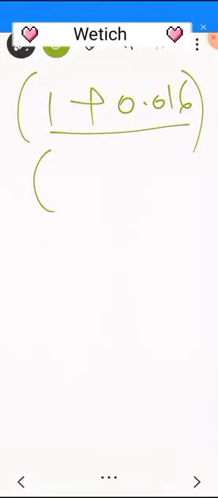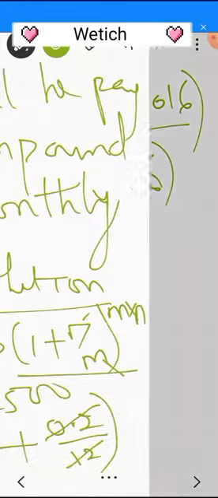Now let's add this together. When you add 1 plus 0.016, it will give you 1.016.